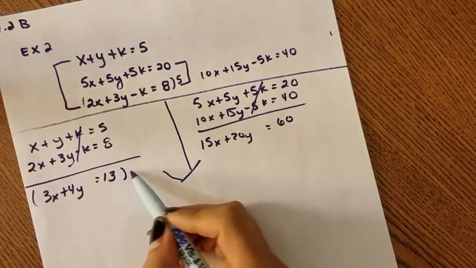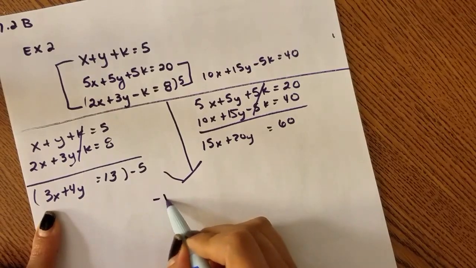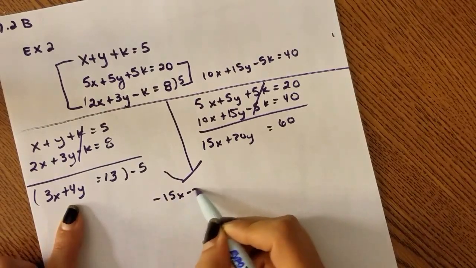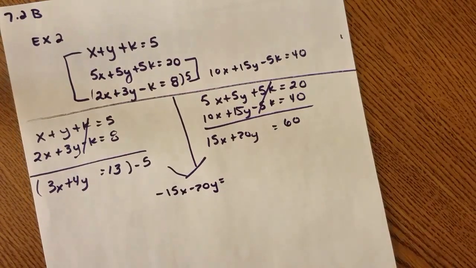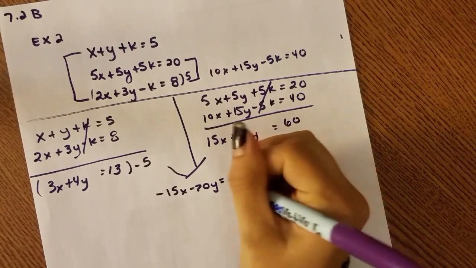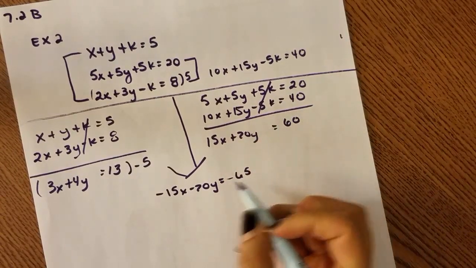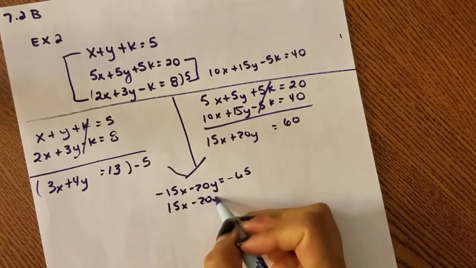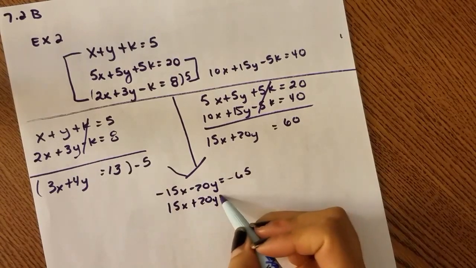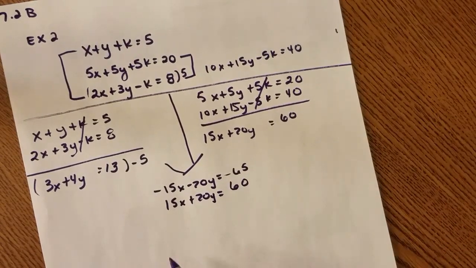So let's multiply this by negative 5. Negative 5 times 3 is negative 15x, minus 20y is equal to negative 65. And then bring this one down here. So 15x plus 20y is going to be equal to 60.